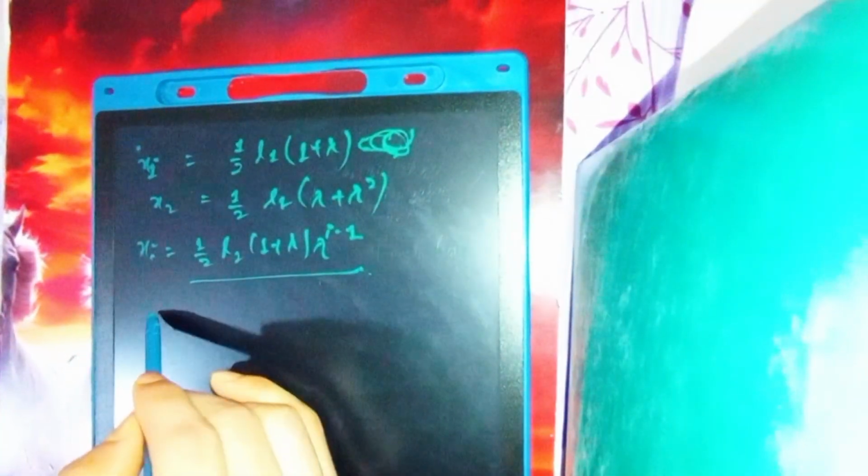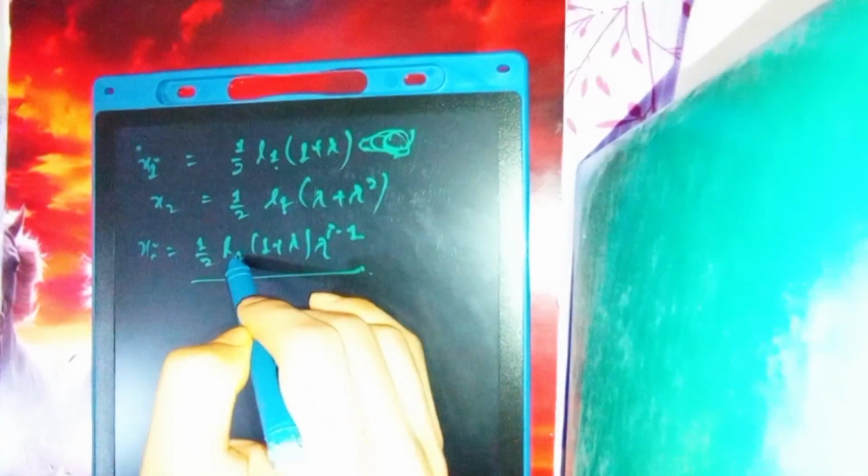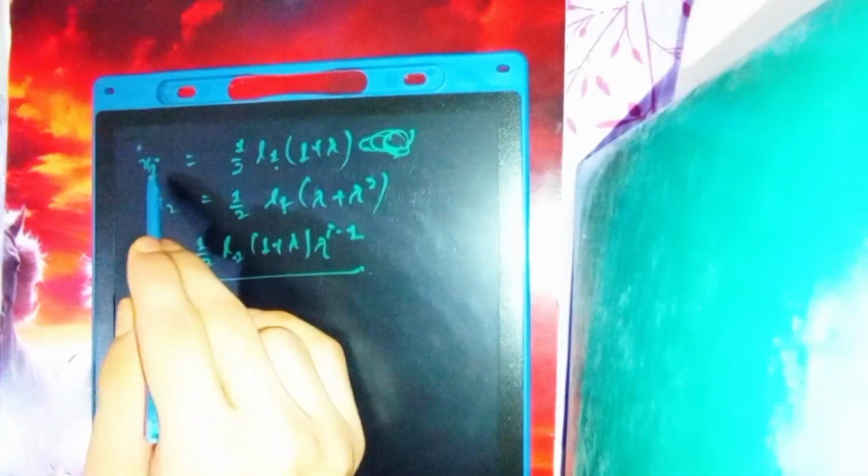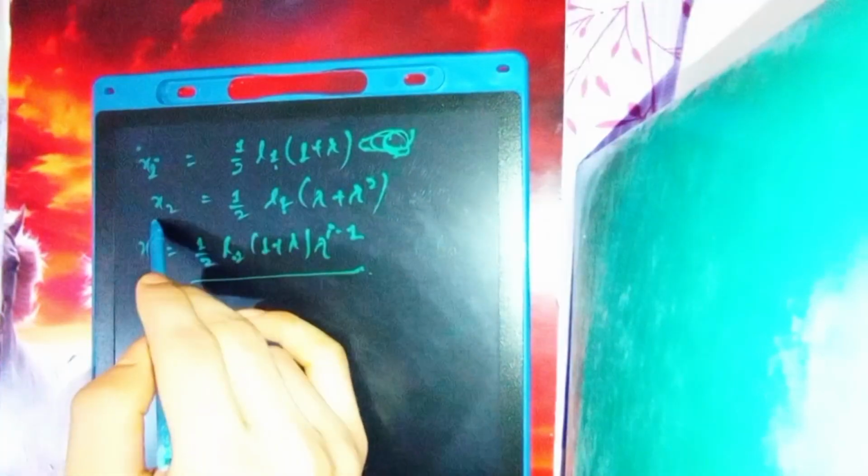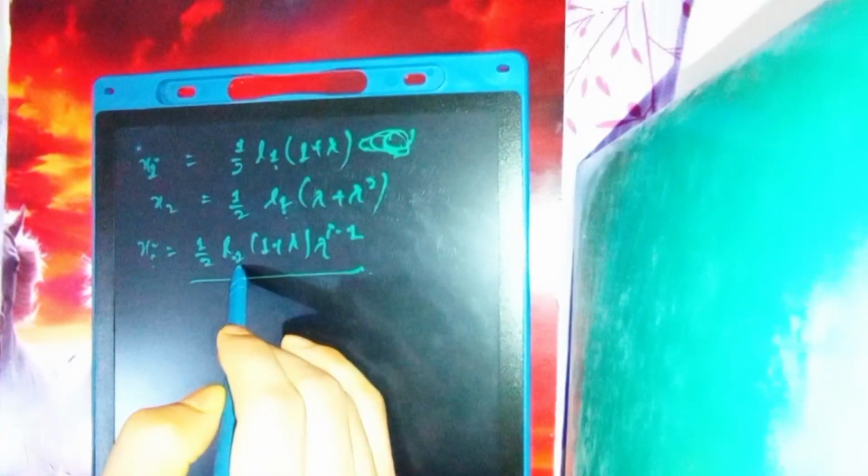If we take lambda common, we can add this first, or we can directly write: this is L1 for x1, this is L1 for x2, so for xi this will also be L1.